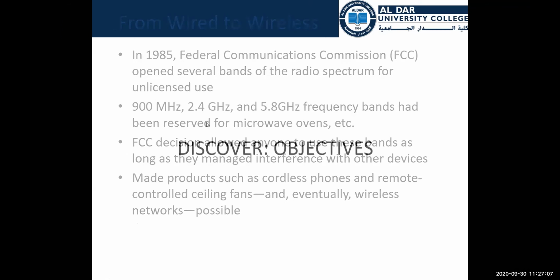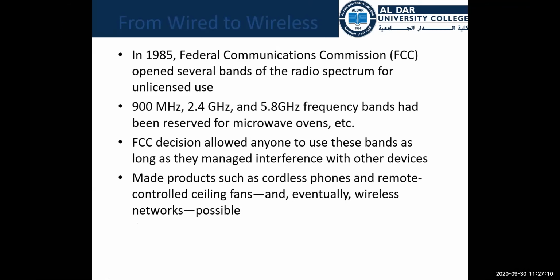For the objectives, we can go through the story of transferring from wired to wireless from a historical point of view. For example, in 1985, the FCC, the Federal Communications Commission, which is responsible for radio spectrum allocation.